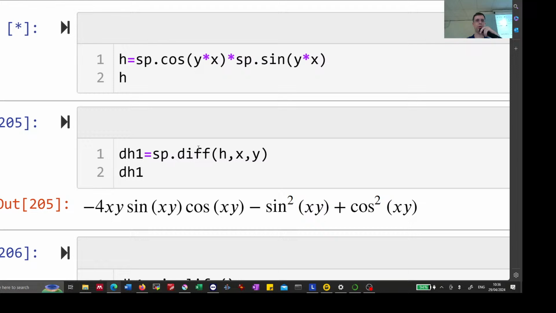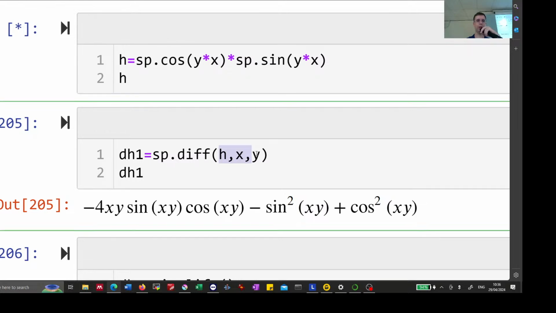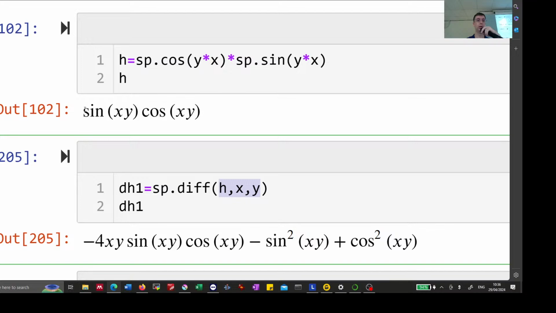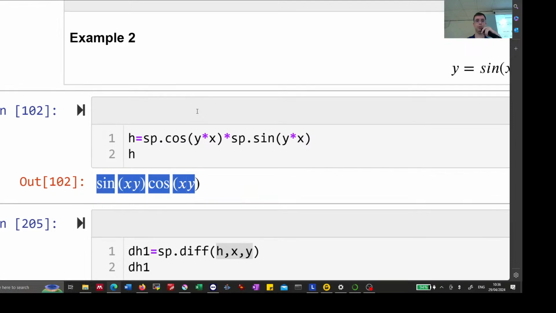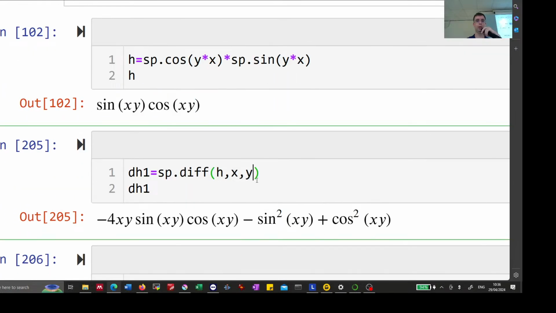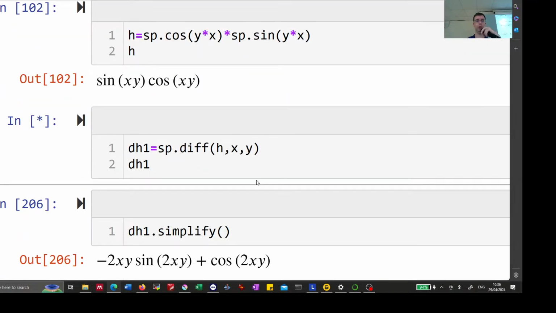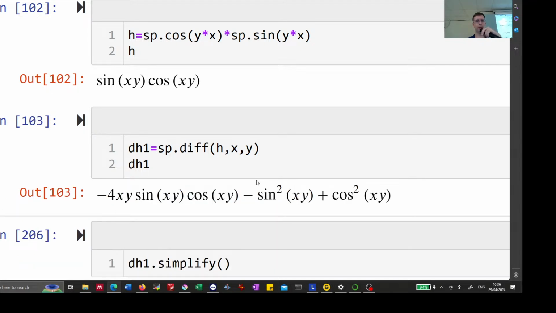And then because it's a multivariate function, I take here the derivative with respect to x and y. So far so good here, right? So this is the function, and then the derivative. This is still something you could do with pen and paper, right? Not too bad.